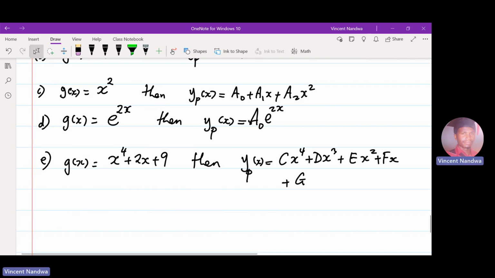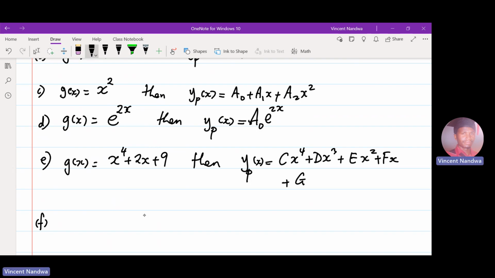So that's the structure of the given yp. For a polynomial of degree 4, we have the constant, the term with x power 1, x power 2, x power 3, and x power 4. So you take care of all of them.